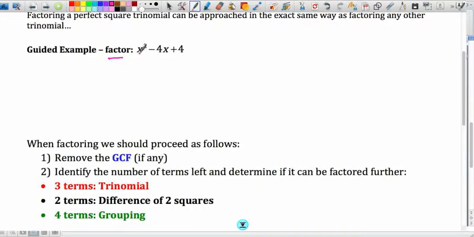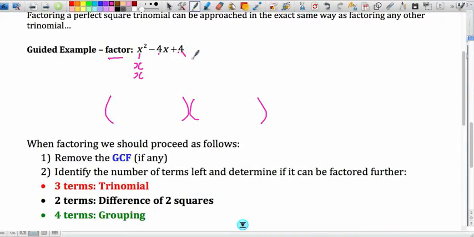Okay, so we've been asked to factor. We have a trinomial, 1, 2, 3 terms, and so we can open two sets of parentheses because we know the answer, if it factors, of course it might be prime, is going to be a binomial times a binomial, 2 terms times 2. Start off and look at the factors of x squared, and in this case we have x and x.